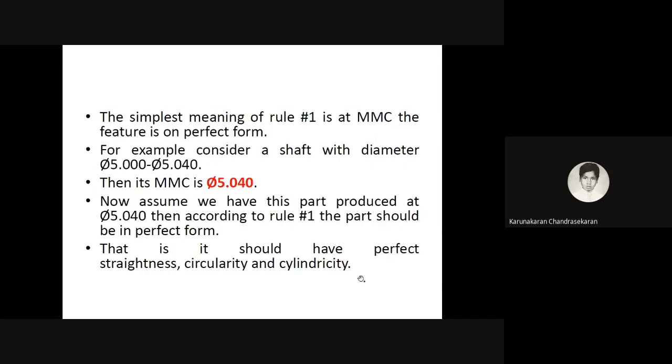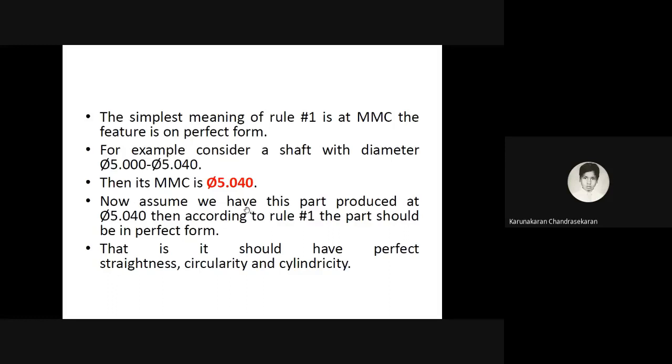Now let us briefly understand what we mean by rule 1. You take a shaft with a diameter of 5 units. This is the diameter symbol, 5 units you have taken, and the maximum deviation given is 0.040. So if this is the condition given, then the maximum material condition is at 5.040.